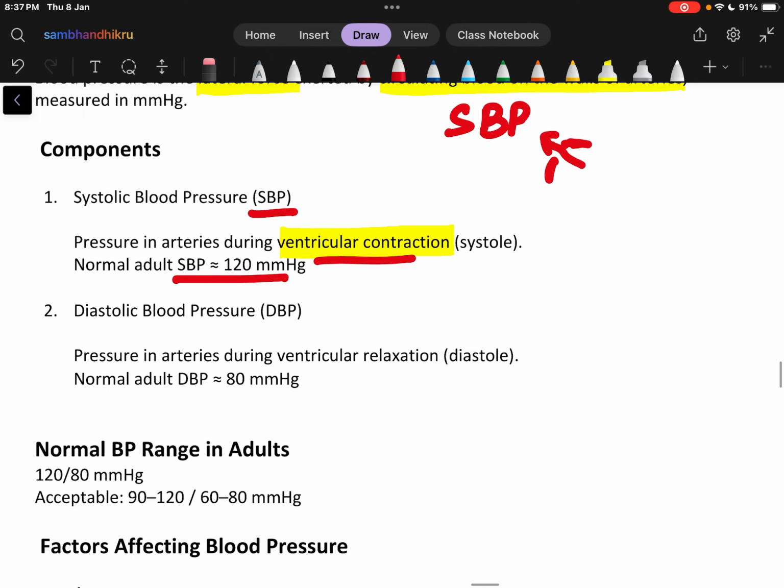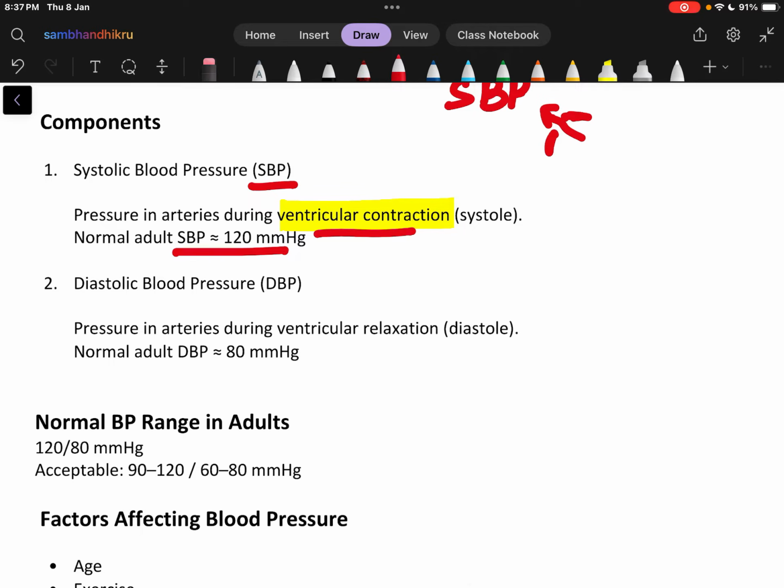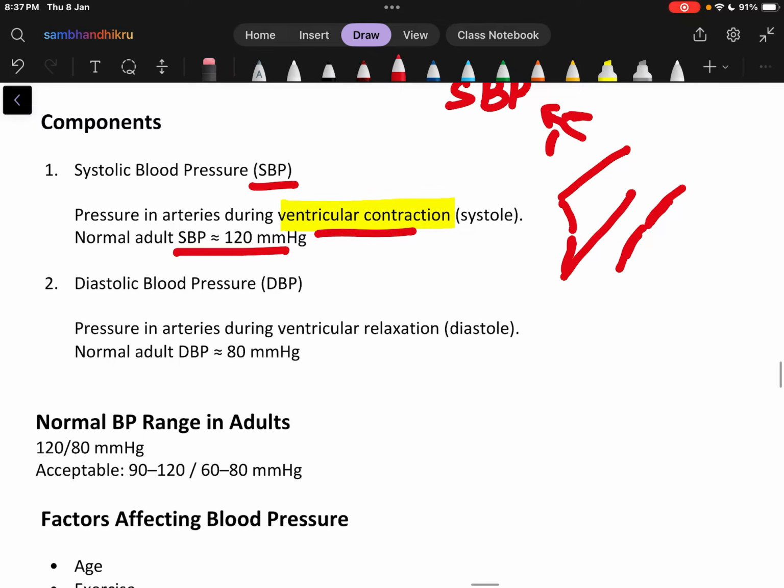Diastolic blood pressure, so what does diastolic blood pressure mean? It is when the pulmonic valve or the aortic valve is closed. The blood which was already moving forward, due to the absence of ventricular contraction, there is ventricular relaxation.